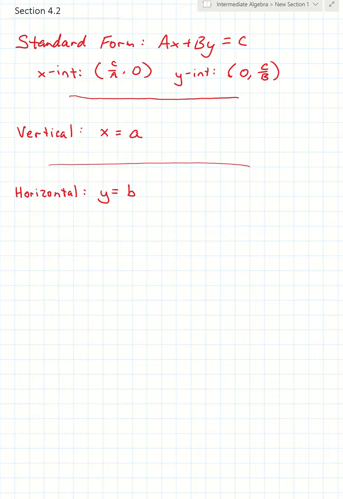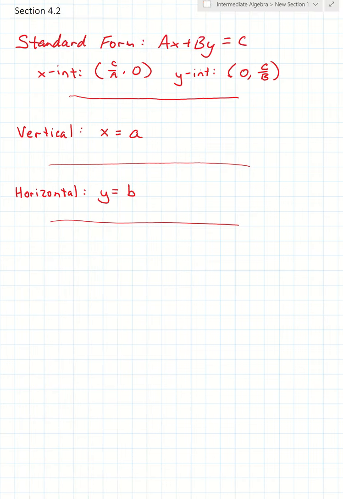And once again, since we only have the one variable y, all we need is 1 point, all right? And once again, I'm going to leave some space here, and we're going to fill in some information about horizontal lines in a little bit. Okay, so that's what we've talked about so far in terms of graphing linear equations.